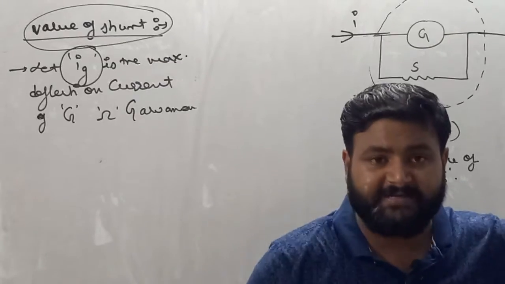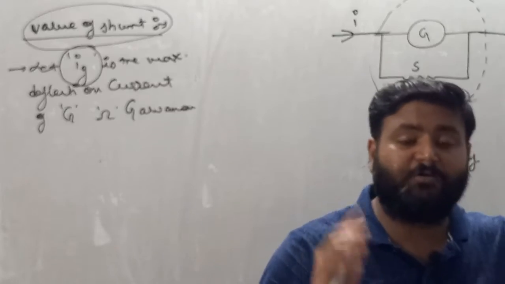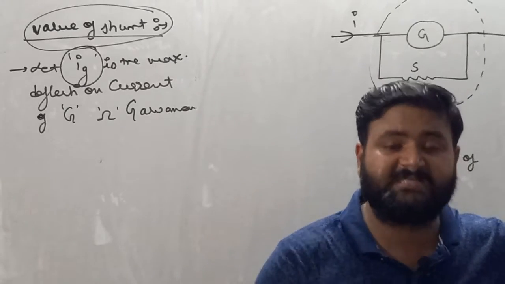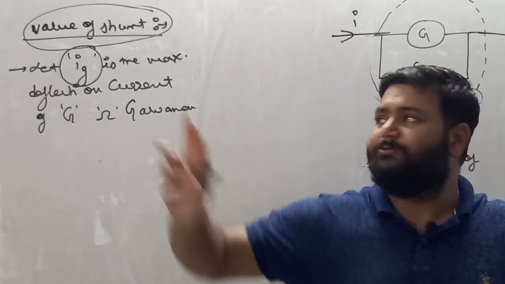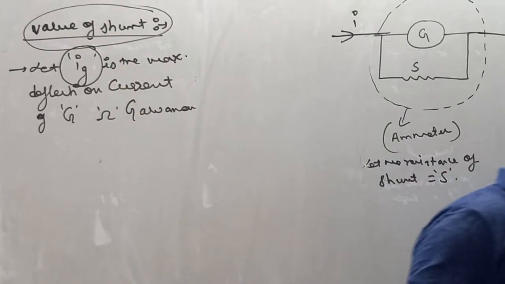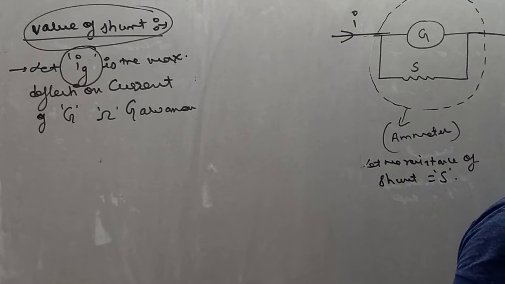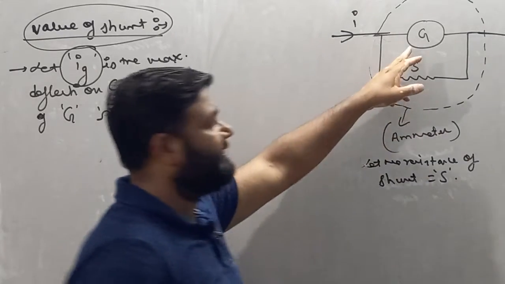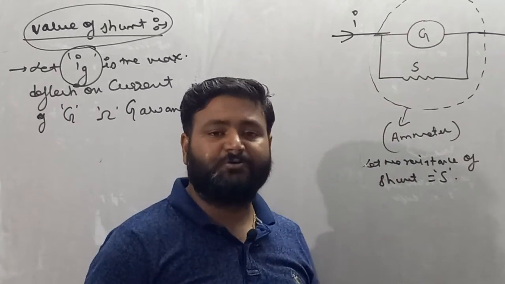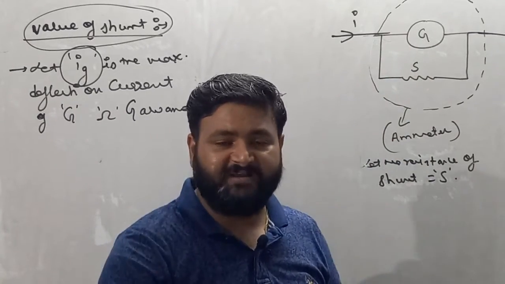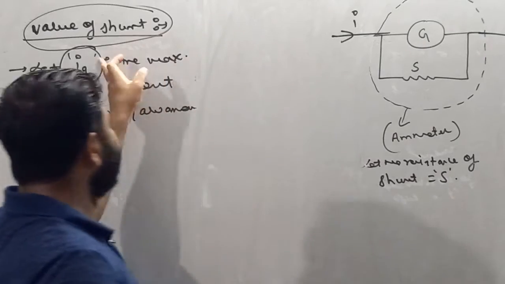Every galvanometer has some value of maximum deflection current. We are considering Ig to be the maximum deflection current in our case.